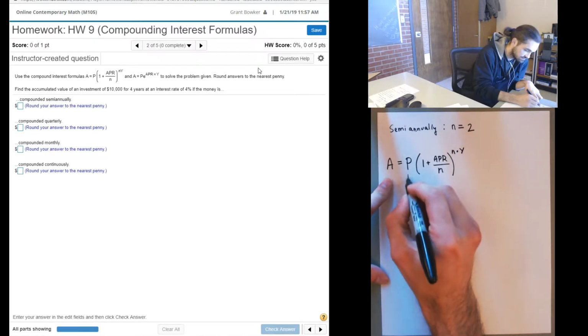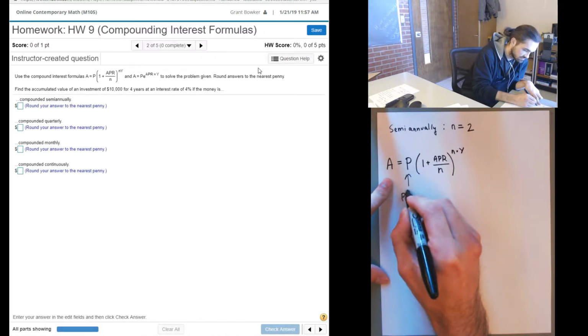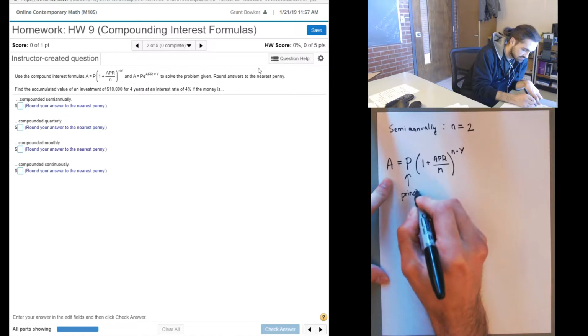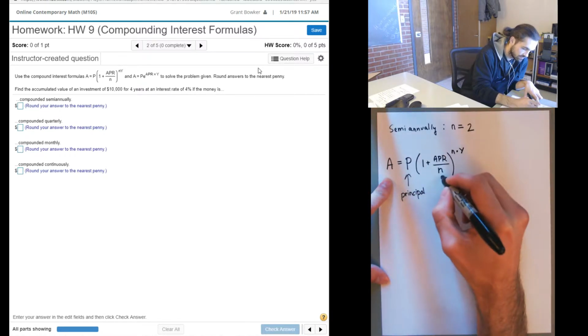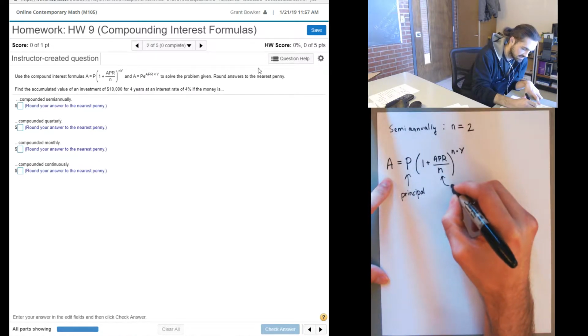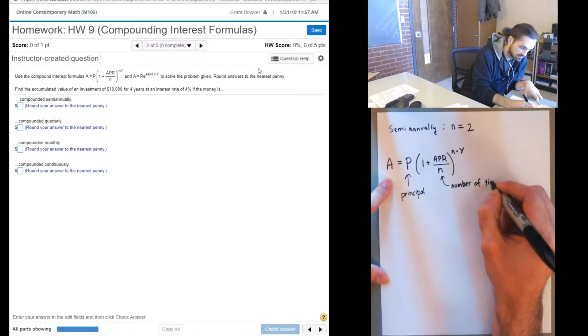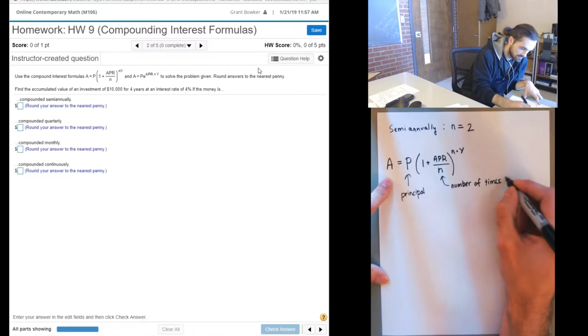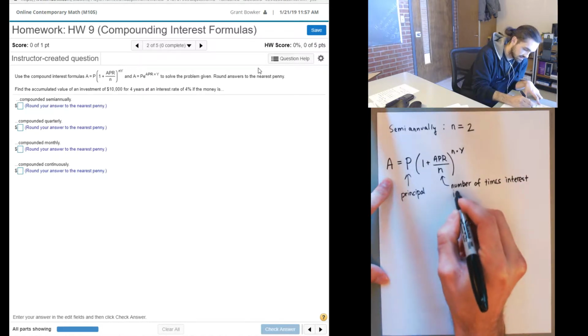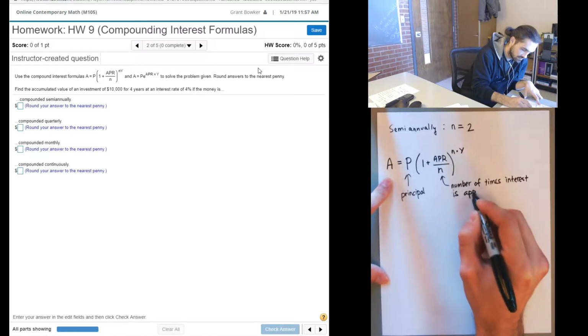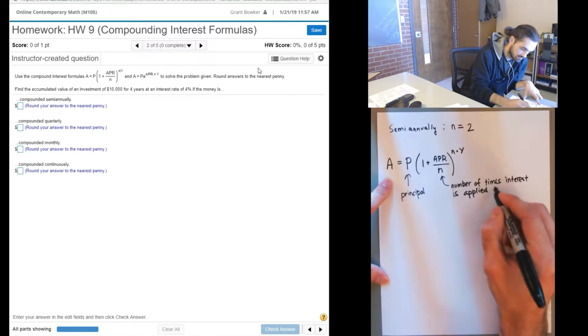So P is the principal. N is the number of times interest is applied per year.